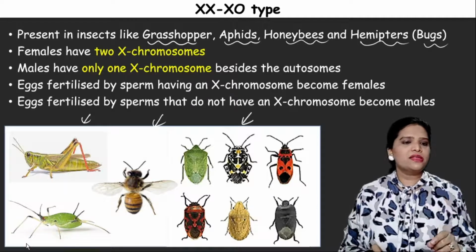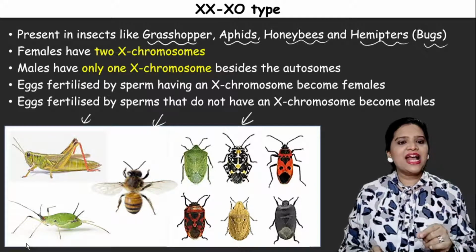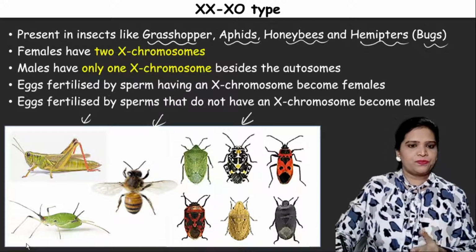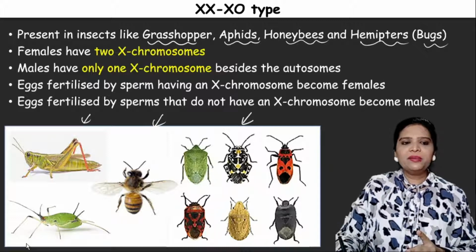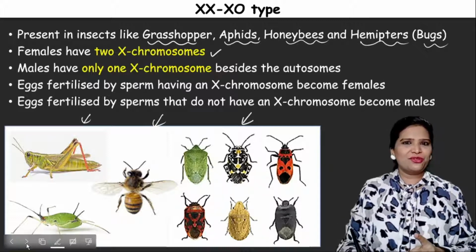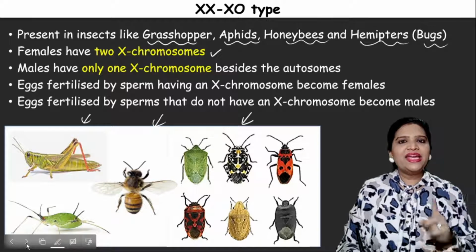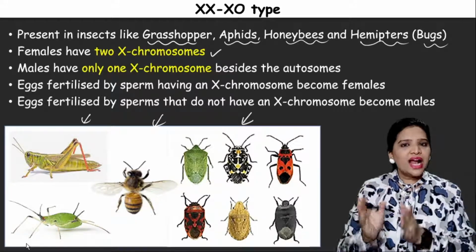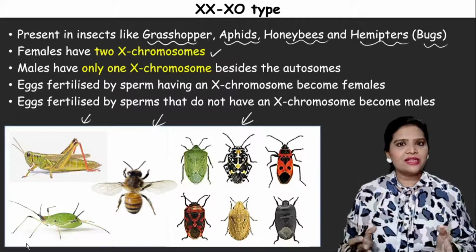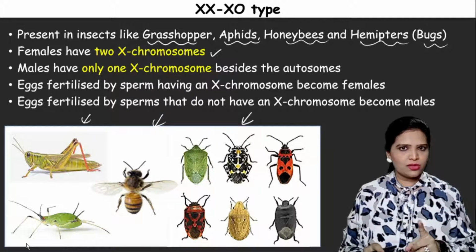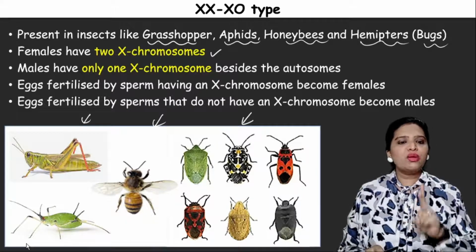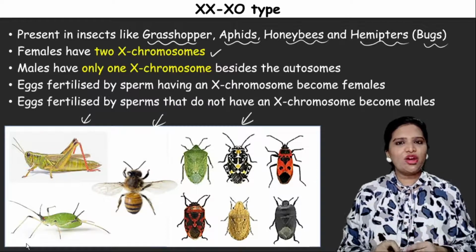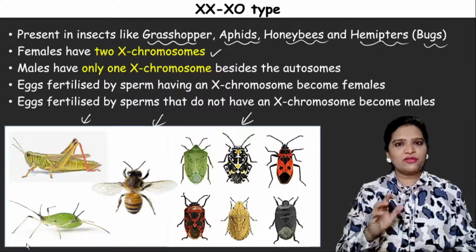What happens here? The female insects have two X chromosomes, whereas the male has only one X chromosome; the other X chromosome is absent. This combination determines the sex of the offspring.